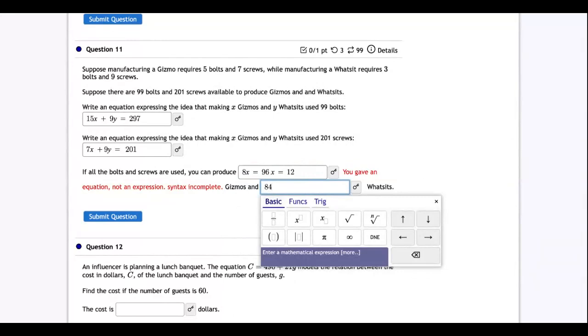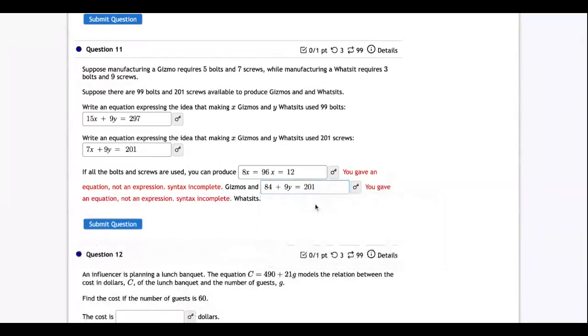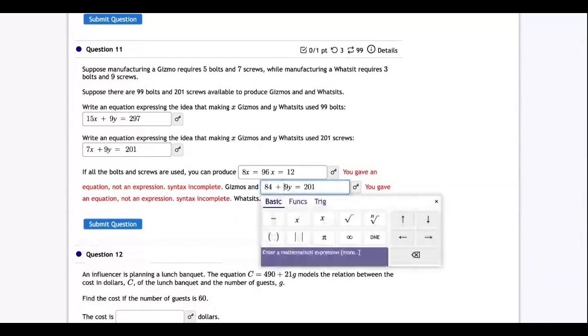I'm using the second equation: plus 9y equals 201. Right? So 9y equals 201 minus 84.